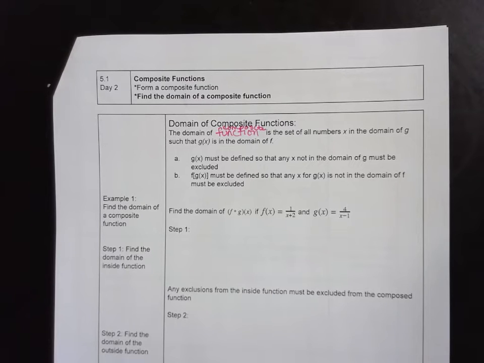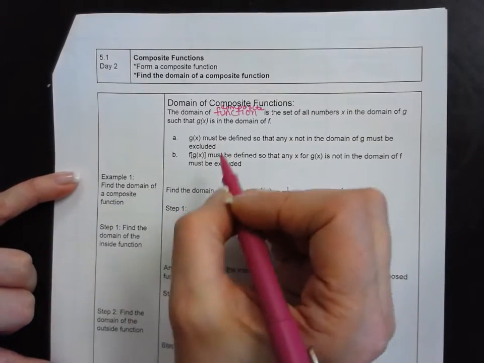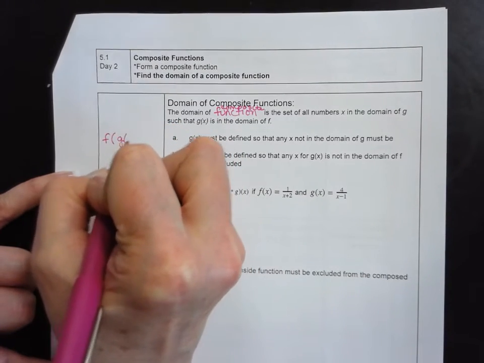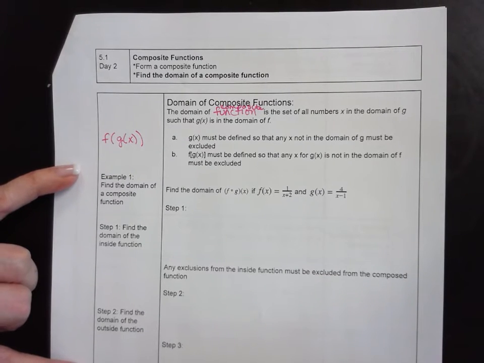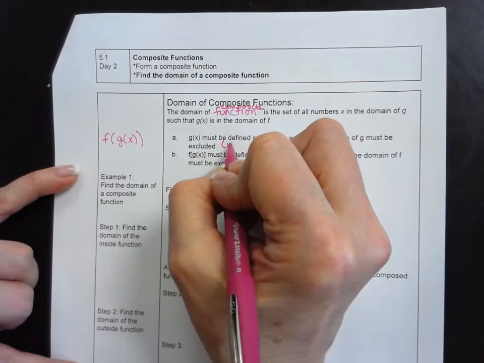before, okay? But there's an exception to it because this time we got two different functions that we're dealing with, okay? So, basically, if we're finding the f of g of x, okay? So basically the inside function.